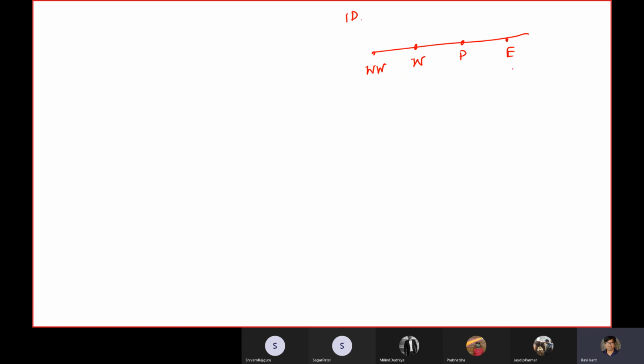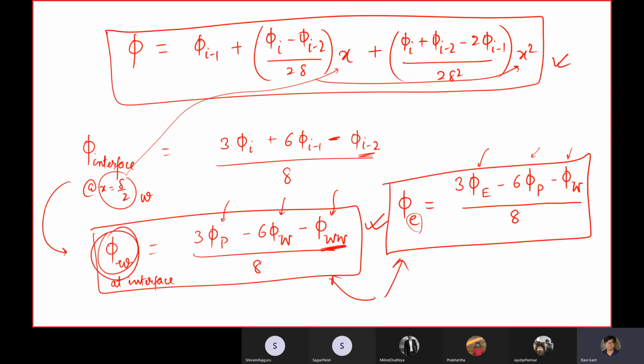You want to estimate your phi E and phi W values, and we know that phi E and phi W we have already estimated with these numbers, from the QUICK scheme.